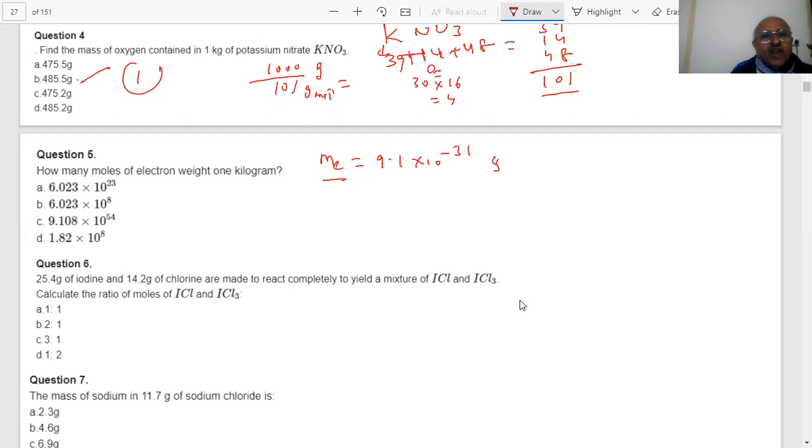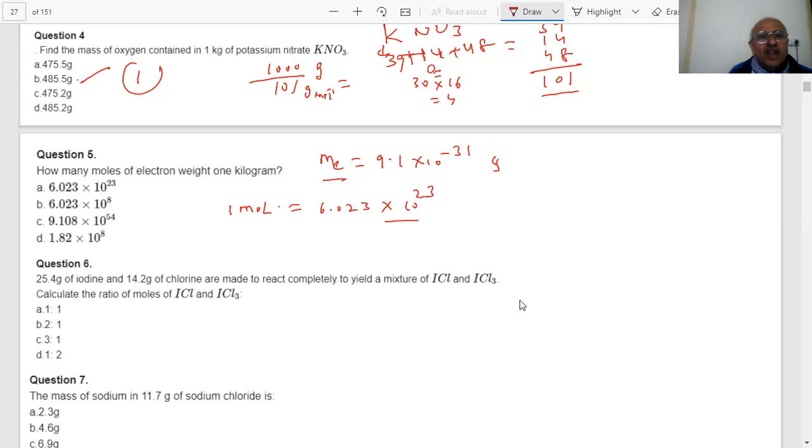1 mole of electrons will be how much? 6.02 into 10 power 23. This is the number of electrons, students.